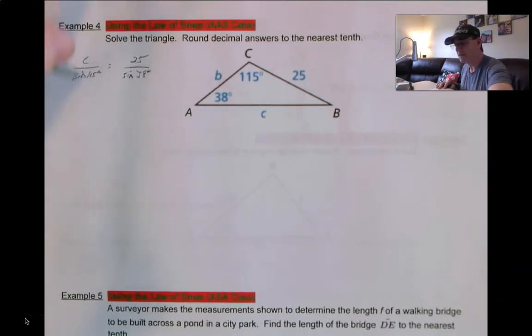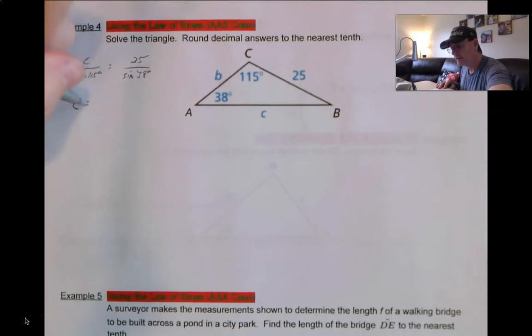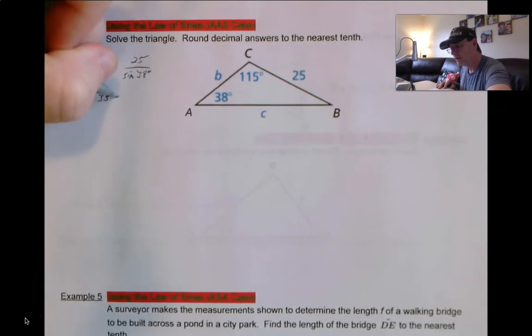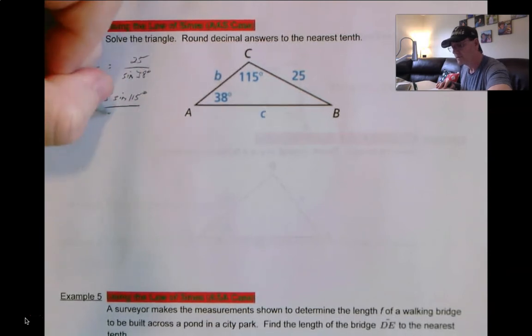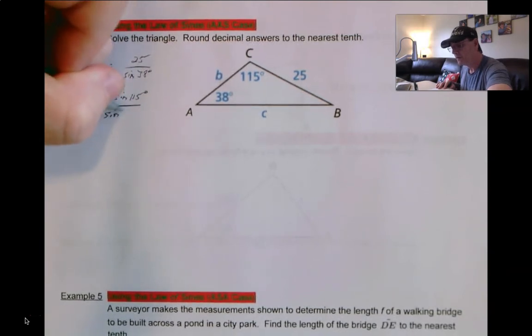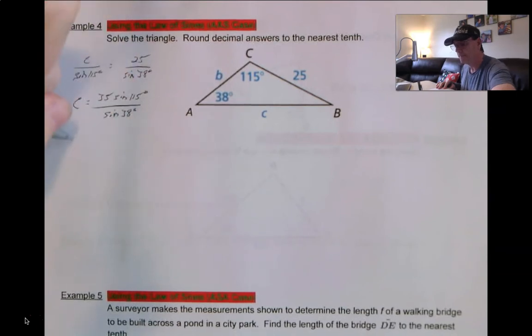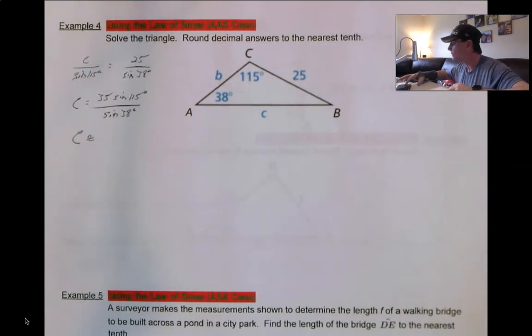Multiply both sides by sine of 115. C equals 35 sine 115 degrees over sine of 38 degrees. Again, rounding to the nearest tenth. Little c is equal to 115 sine times 35 divided by sine of 38.